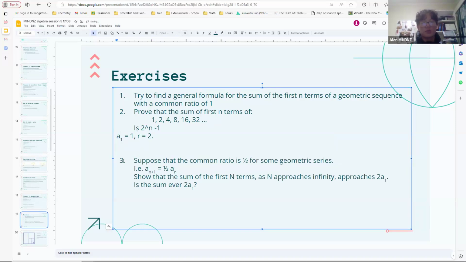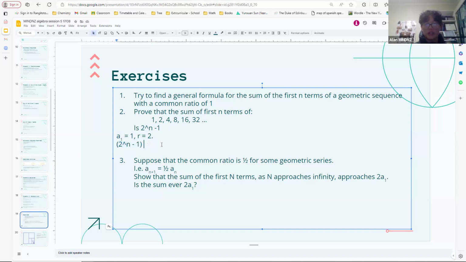Plugging that into our formula, we have A1 times R to the n, which is 2 to the n, minus 1, divided by 2 minus 1. But 2 minus 1 is just 1, so it's dividing by 1, and A1 is also 1. So we're just left with 2 to the n minus 1.